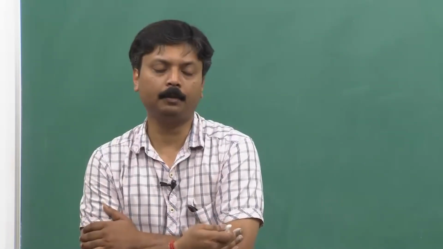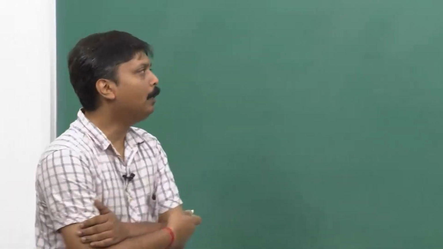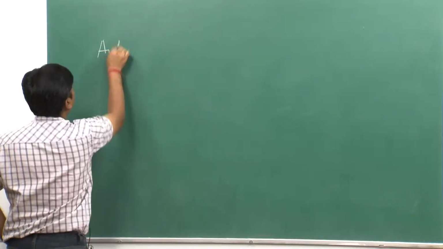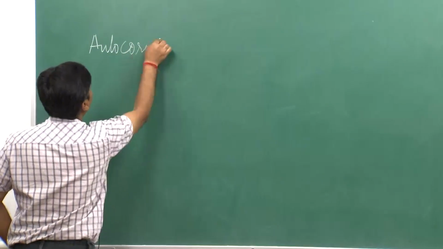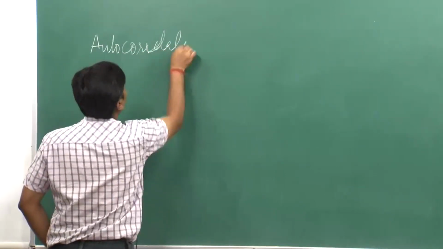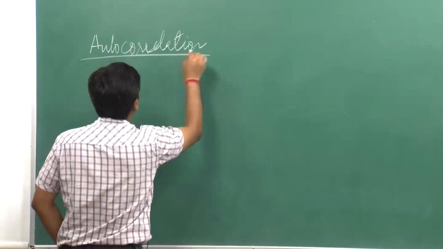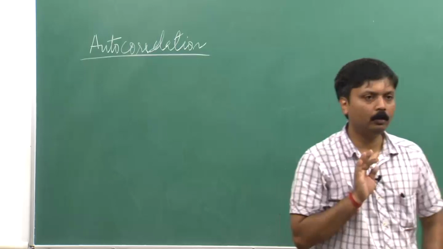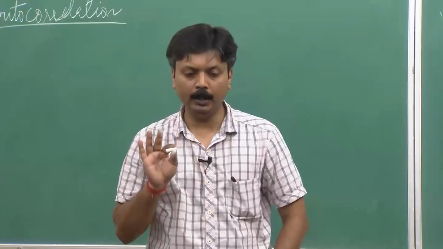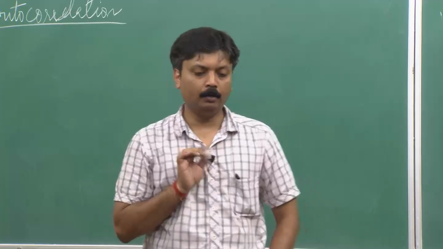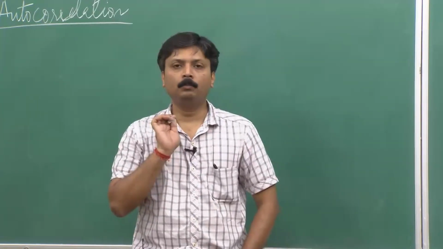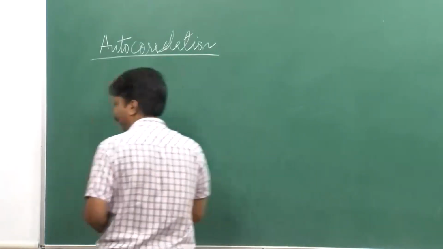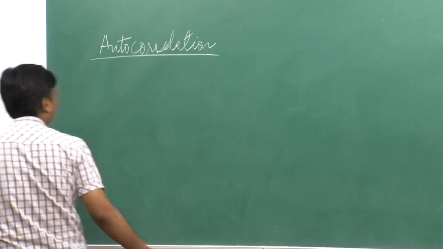So how is it done? This is done by using something called autocorrelation. So what does autocorrelation mean? I will try to be quite brief in this part. You have a definite pulse duration for a single pulse. Okay. So let me use two different colors so that it is quite visible.